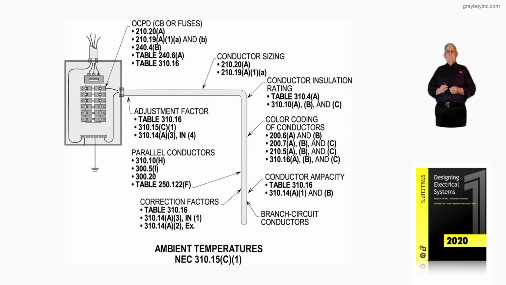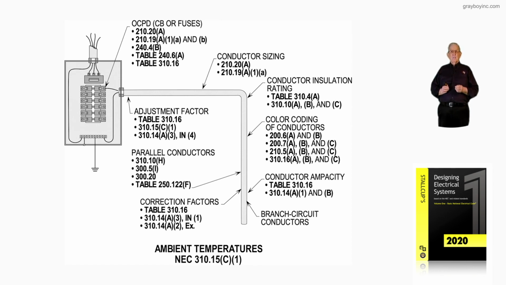The conductor color coding or identification means is 200.6(A) and (B), 200.7(A), (B), or (C), and 210.5(A), (B), and (C) for branch circuitry, and 310.16(A), (B), and (C) when you're dealing with conductor procedures for ampacities.